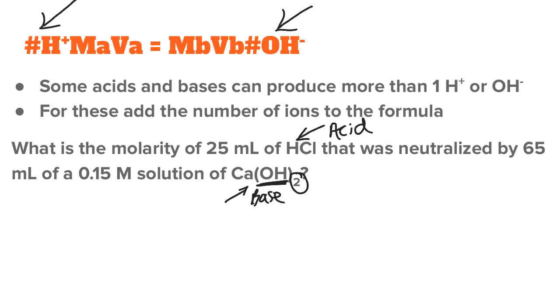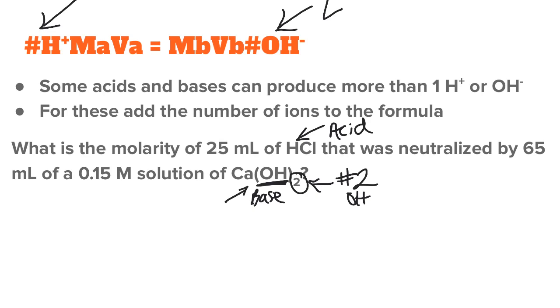There is a 2 subscript here. That means that we actually get 2 hydroxides for every formula. So we are going to have to put a 2 up here in that spot because there's more than one. The only time you have to do that is if your formula has more than one.